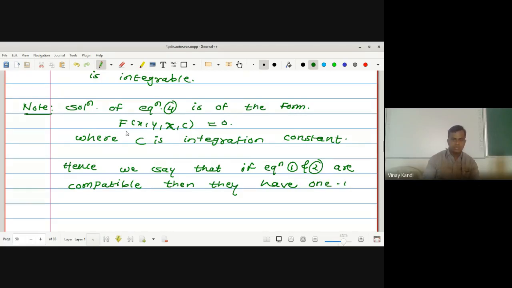This f of x, y, z, c is a one parameter family. Why? Because c is the only one constant present. They have a one parameter family of common solution. Okay, any doubt up to here?